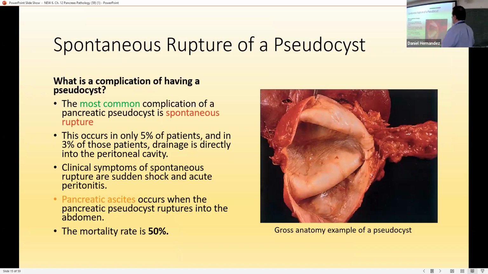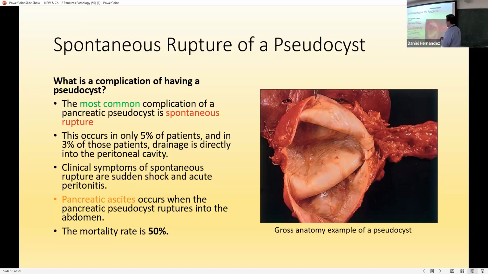One of the complications that we worry about with pseudocysts is spontaneous rupture. This is the most common complication of a pancreatic pseudocyst. It occurs in only about 5% of patients, and 3% of those drain directly into the peritoneal cavity. The pseudocyst is comprised of those digestive pancreatic enzymes being encapsulated.